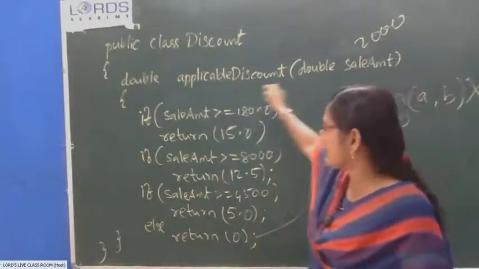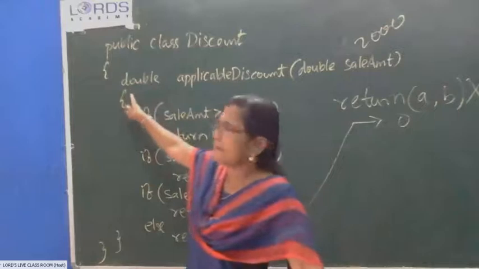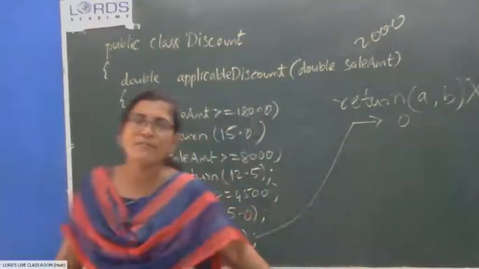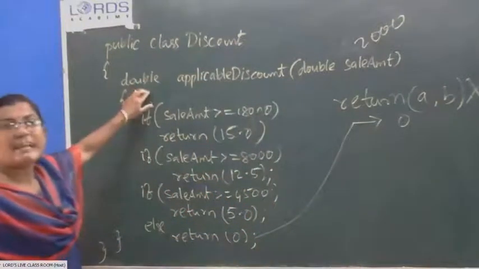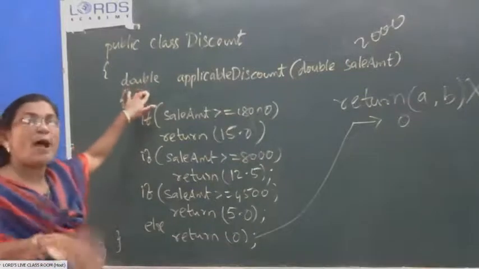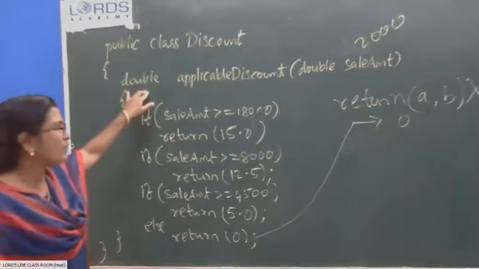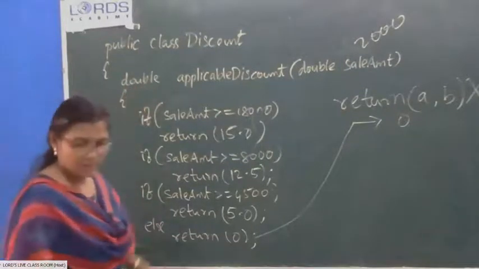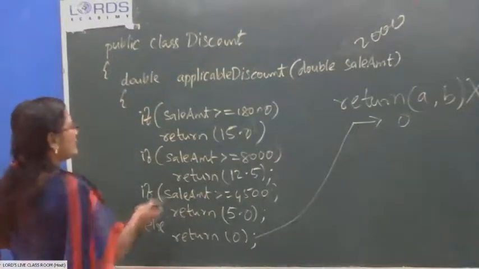So what is the return data type of this method? Double. If the return data type of a method is any primitive data type, you have to return a value. Simply a return command cannot be given. See, you cannot give simply a return command here.